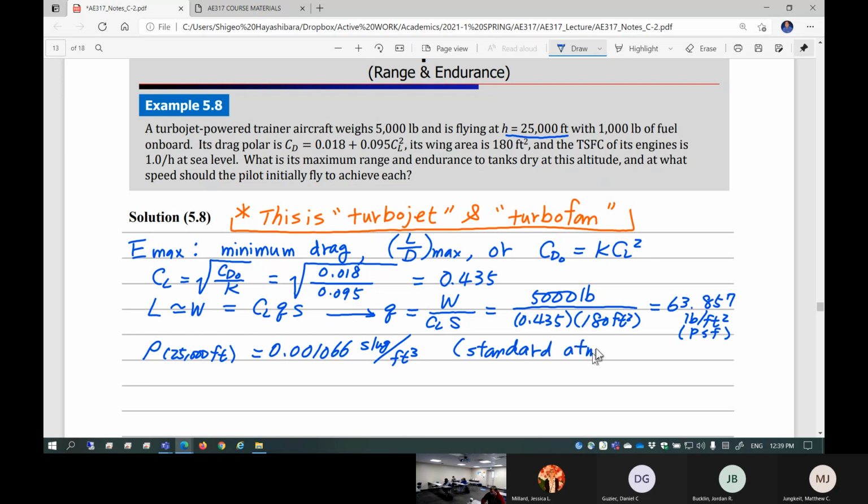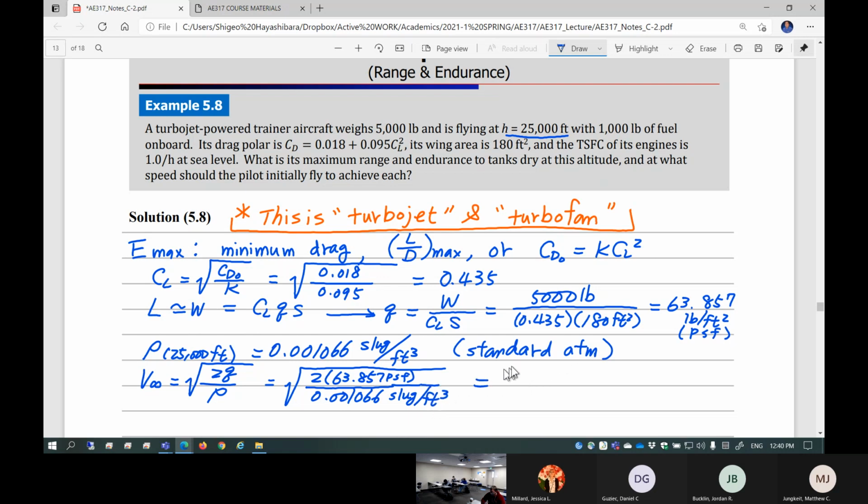So from here, you can determine the airspeed, which is the square root of 2 times Q over rho. Q, the dynamic pressure we know, is 63.857 psf, divided by density 0.001066 slugs per cubic foot, all standard units.